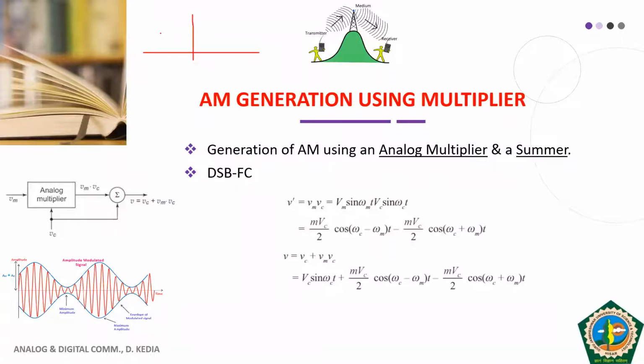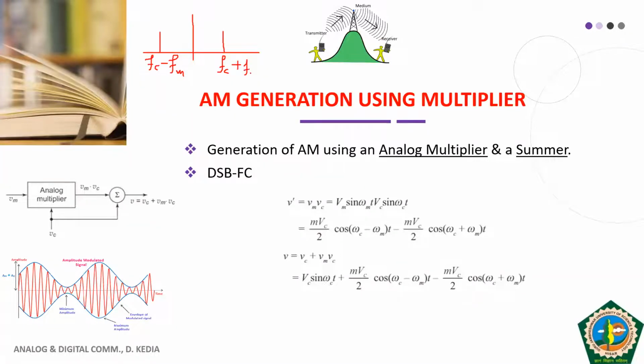If we do not talk about carrier, our information was present in two sidebands. One sideband is FC minus FM, and another sideband is FC plus FM. This is your complete AM signal.